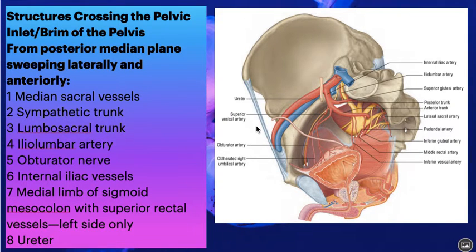Very important enumeration question: structures crossing the pelvic inlet or brim of the pelvis from the posterior median plane, sweeping laterally and then anteriorly.